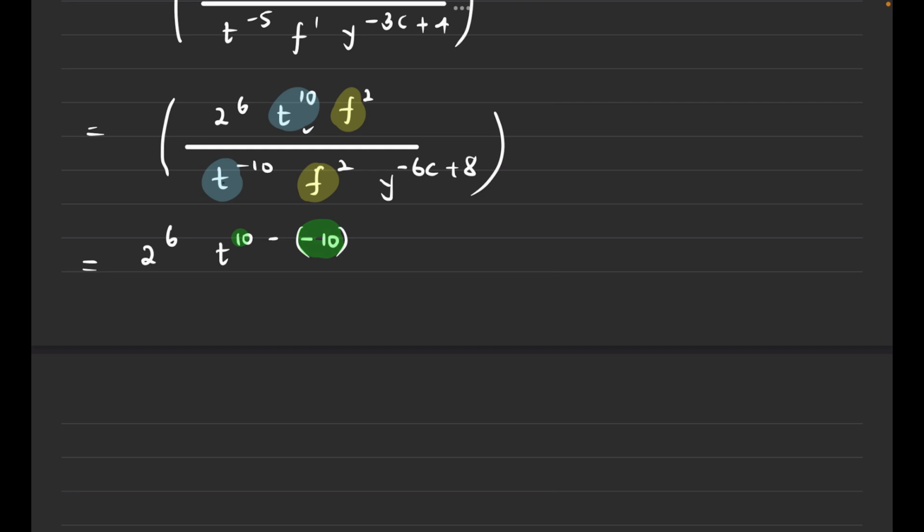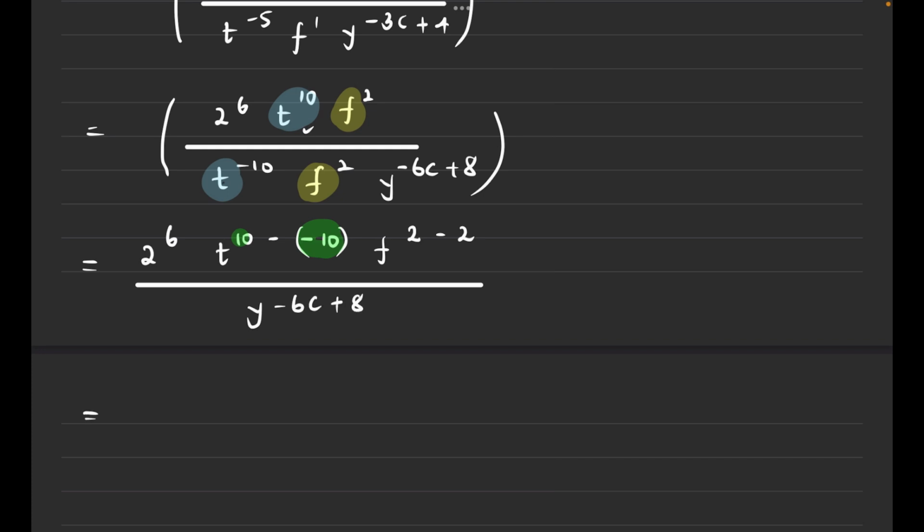Okay, looking at f now, f squared, that's the 2 that was on top. Then I've got another f squared. So it's going to be 2 minus 2, right? And then with regards to the y, maybe let it chill there for some time. Y to the power minus 6c plus 8.